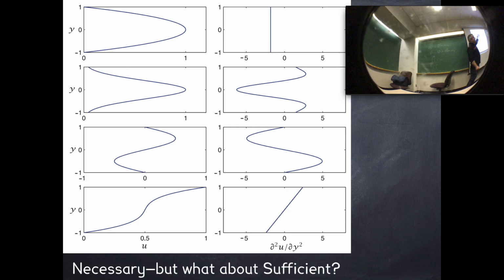So sometimes this is called Rayleigh's inflection point criterion, because the existence of an inflection point, that is where the curvature changes from one direction to the other, is the same thing as U_yy changing sign somewhere in the domain. It's an inflection point because it means you have different signs of U_yy.